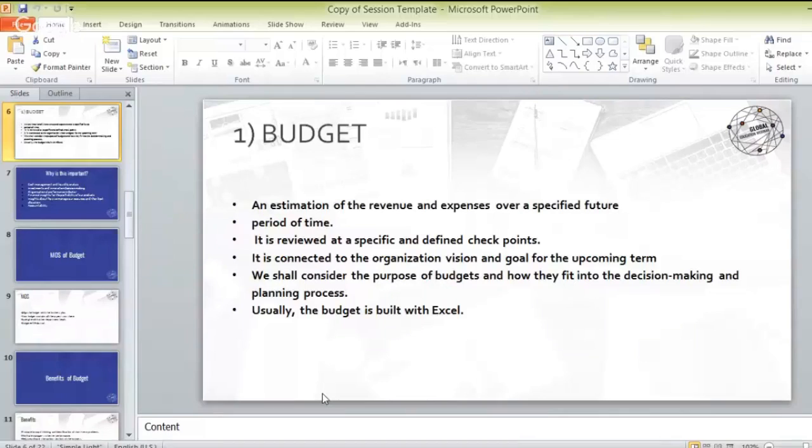No, I have defined checkpoints at which I'm gonna review my budget, to see if some external factors come up that I didn't plan from the beginning. So I have to have defined and clear checkpoints to review my budget.